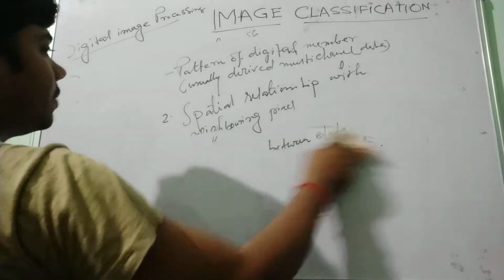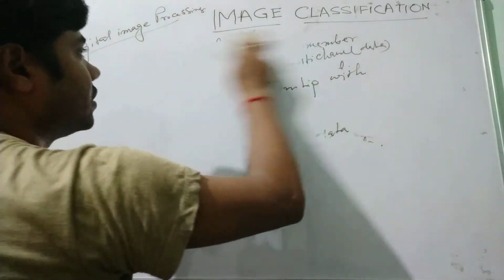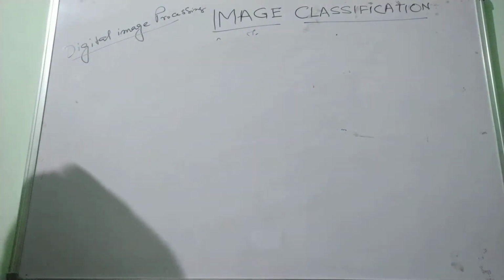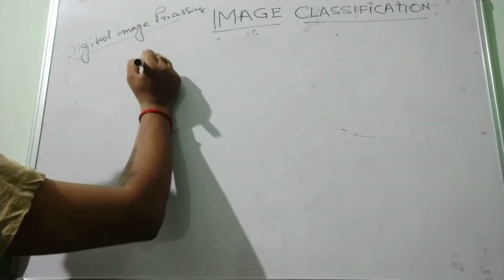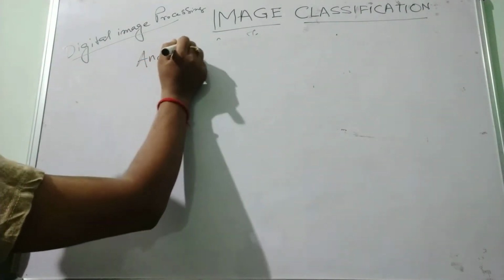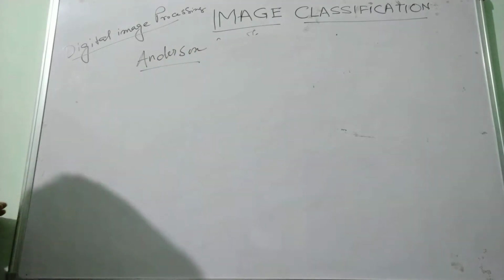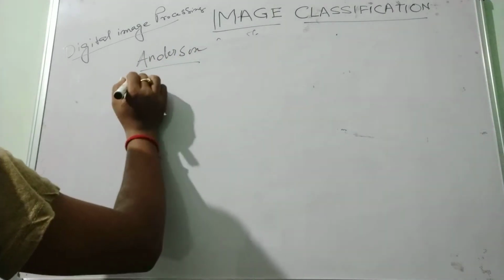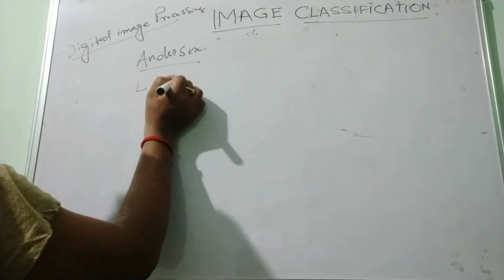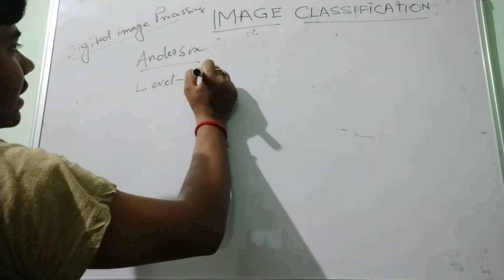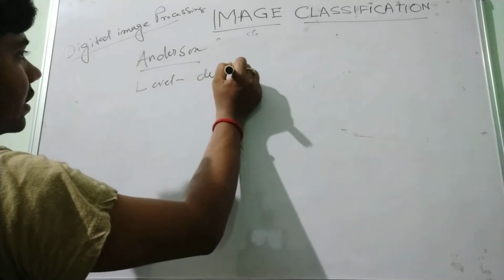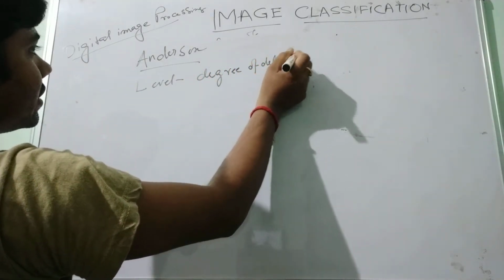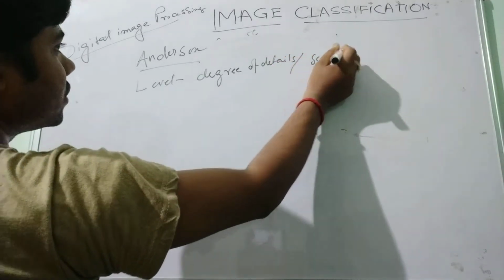However, this classification process, that is the land use land cover classification process, was first proposed by Anderson, and this classification is based on its level. What is the level? It refers to the degree of details. It represents the degree of details, or we can say the scale of the classification.